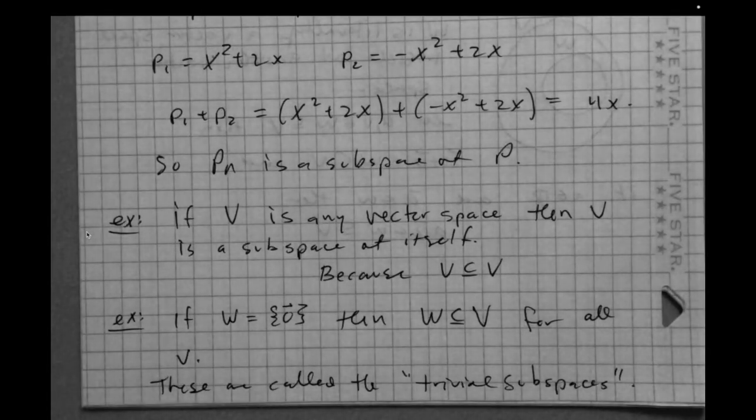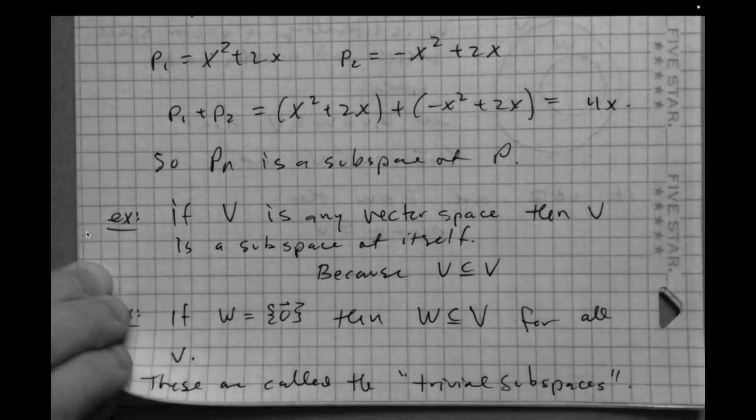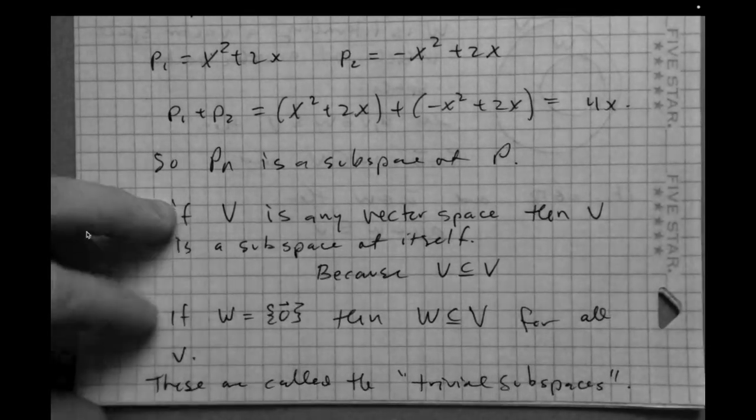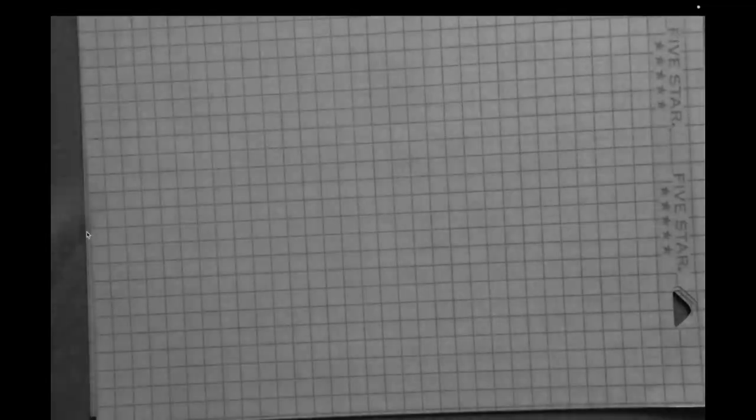And they're called trivial because every vector space has these two as subspaces. So every vector space, what is implied here is that every vector space has at least two distinct subspaces.